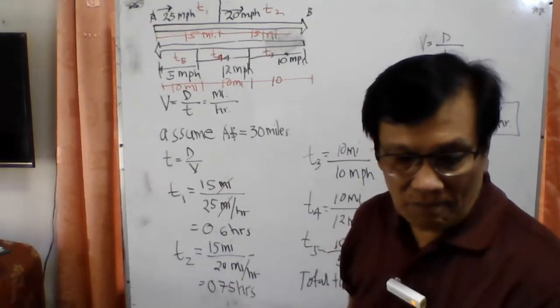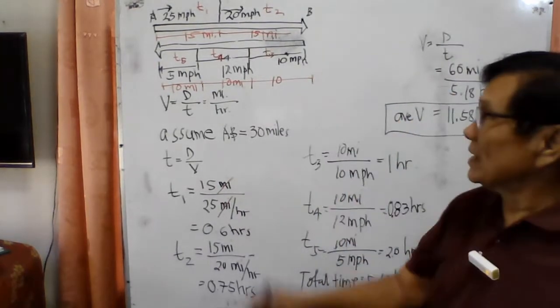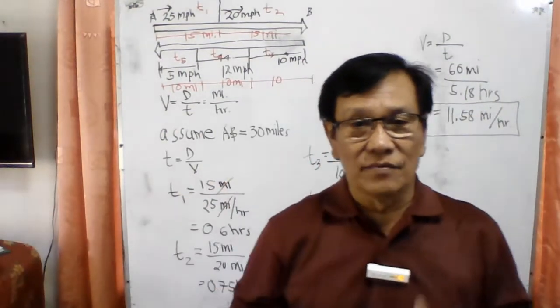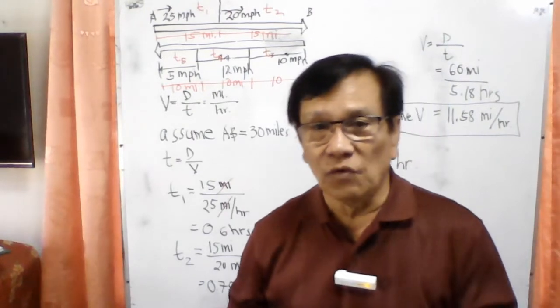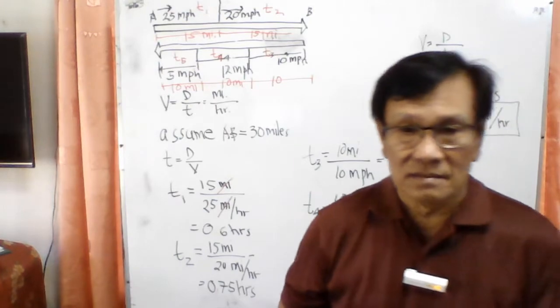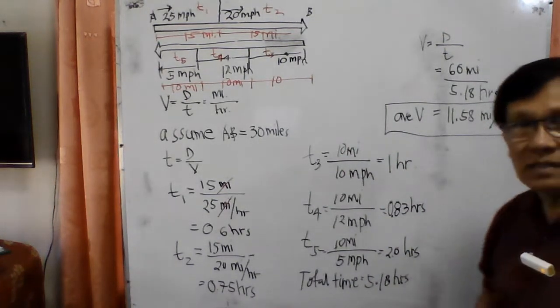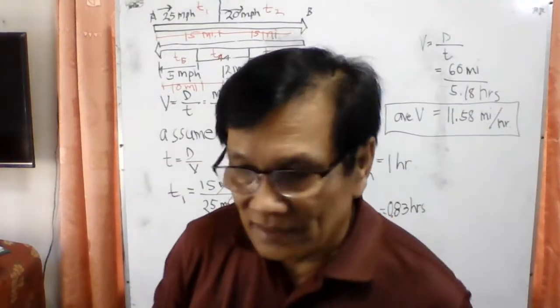That gives 14.4. Most of the people who will solve this will come up with the arithmetic average of all those, which is 14.4, which is not a correct answer. The correct answer is 11.58.